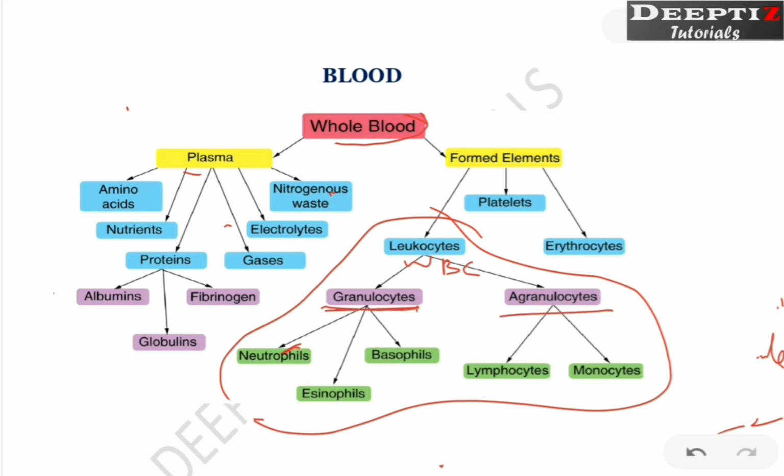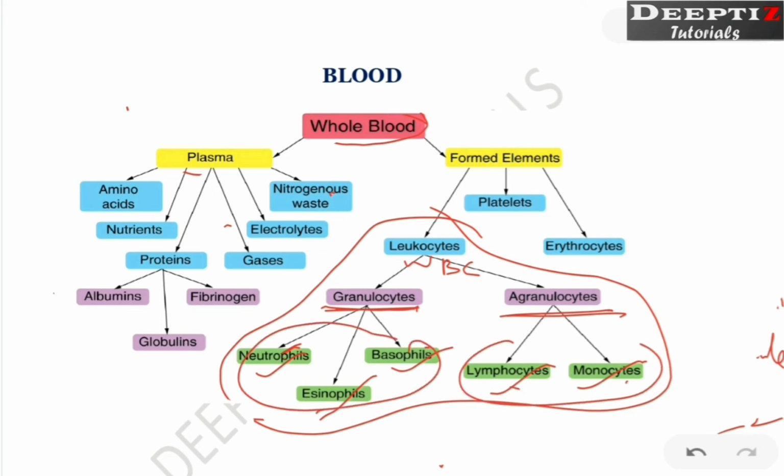What are granulocytes? In their cytoplasm, granules are present. If they are absent, then agranulocyte. Sometimes there can be a match the following. Any one of these will be on one side. On the other side, there will be RBC, WBC, platelets. You have to identify that these three are types of blood cells, plus these two are the types of WBC, or types of leukocyte.